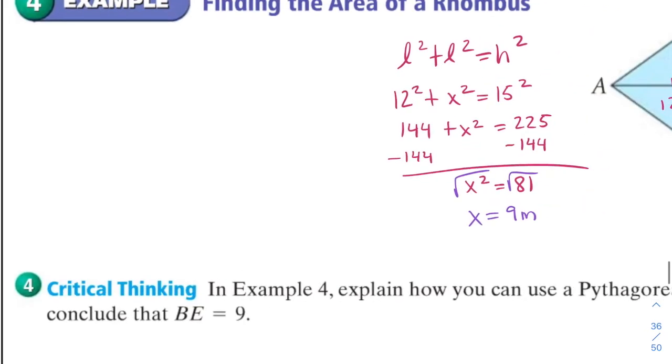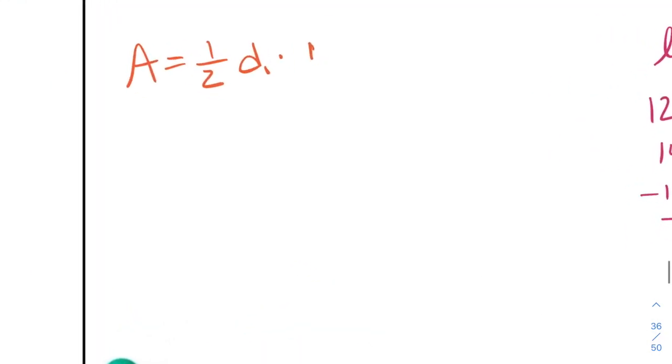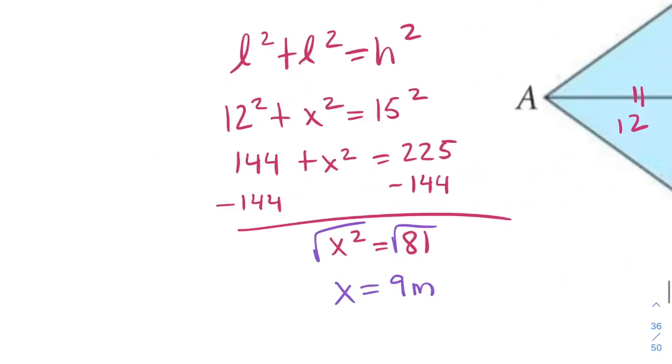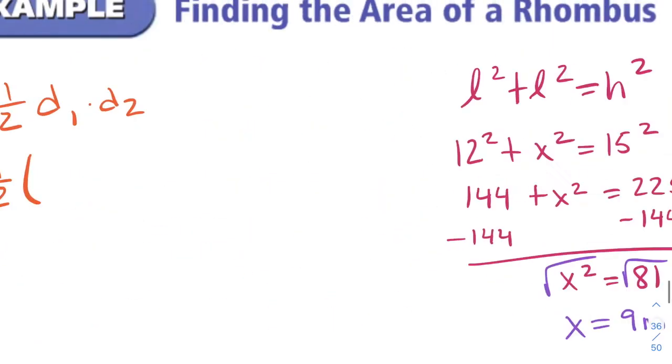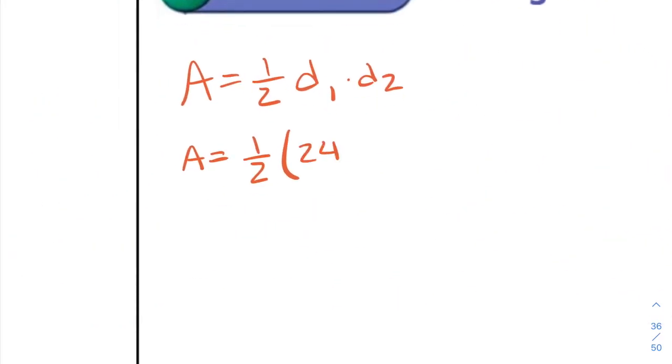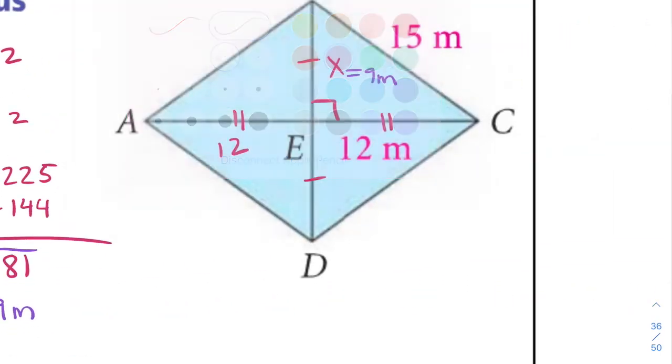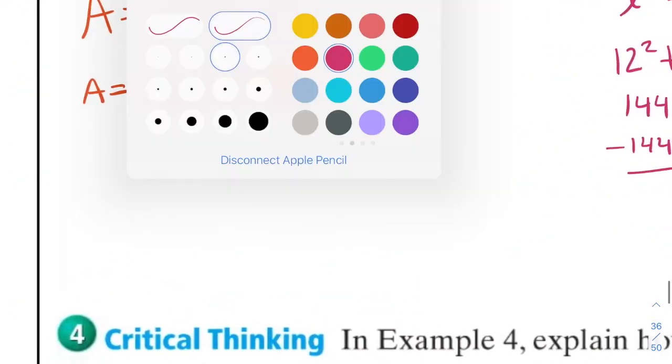So now what we have is area is 1/2 d1 times d2. So area is 1/2 diagonal 1, which appears to be 12 and 12, which is 24 meters. And then it appears that it's 9 and 9, which is 18 meters.